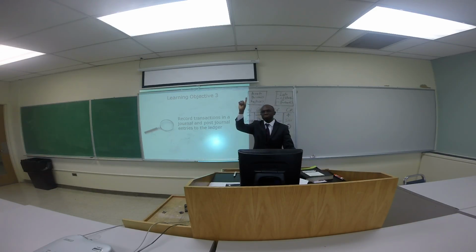The first book of original entry is called the journal. It's very important for you to know that. When I say the first book of original entry, it means every transaction has to be recorded first in the journal before we record those transactions in other types of accounting records or books. And the second one is the ledger.